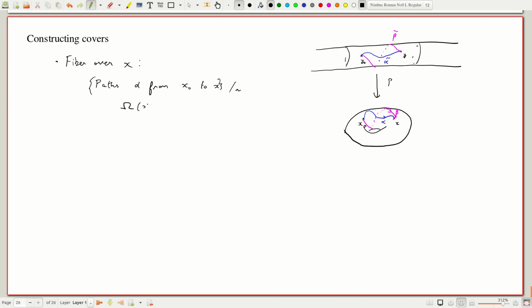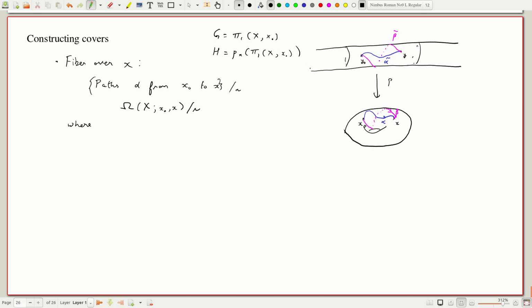That is omega of the space X, and go from X0 to X, divided by the equivalence relation. And we know what the equivalence relation is. Previously it was a loop which is alpha star beta bar, okay, belonging to the group H. Okay, so again, as usual, we'll let G be equal to pi 1 of X, x0 and H equals P star of pi 1 of Y, y0.